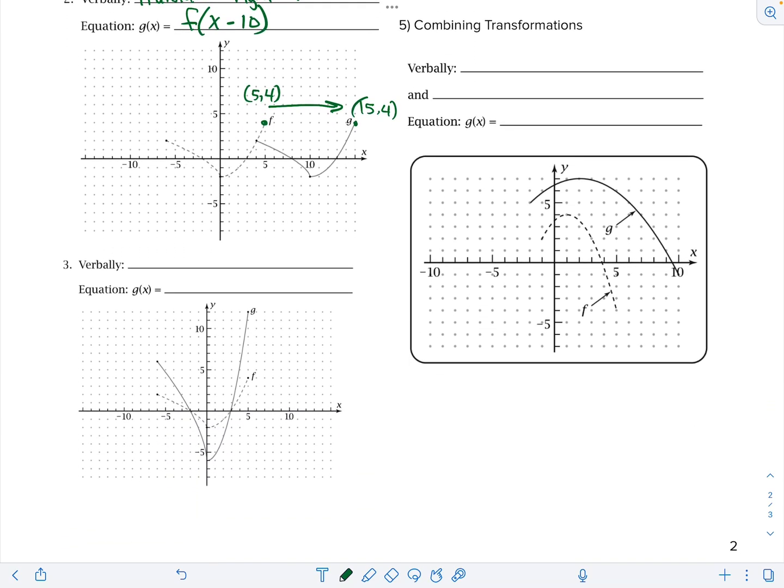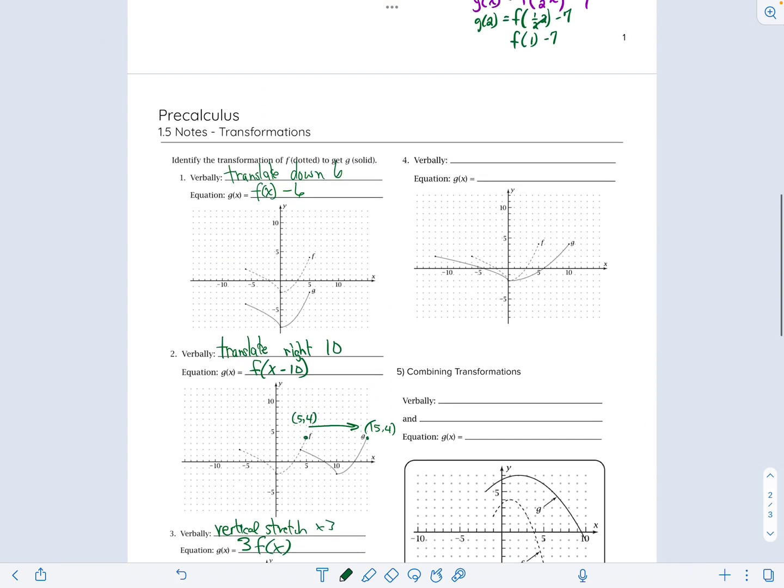Okay, this one looks like a much larger V shape. It has gone from the original, from -6 to 2, and now it's gone from -6 to 6. That tells me it is a vertical stretch by 3. So that is 3f of x. 2 more.